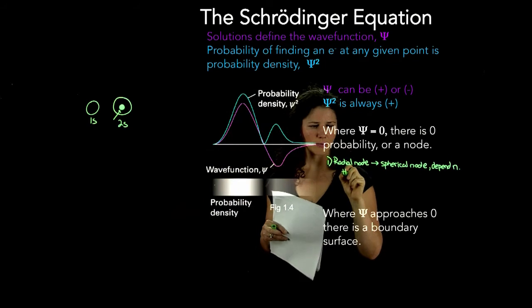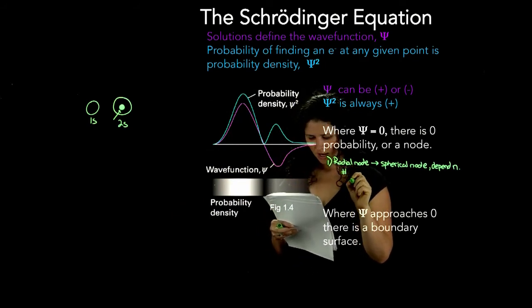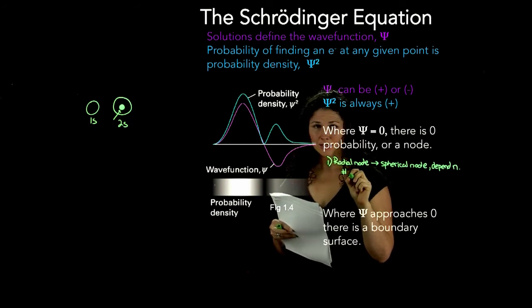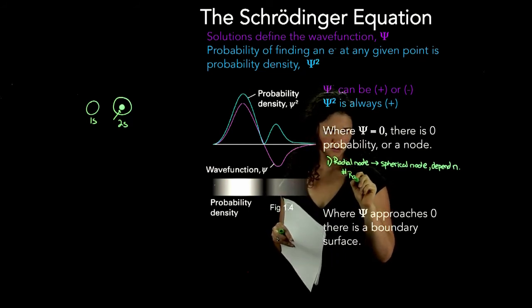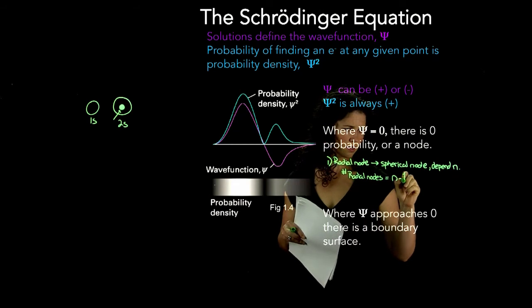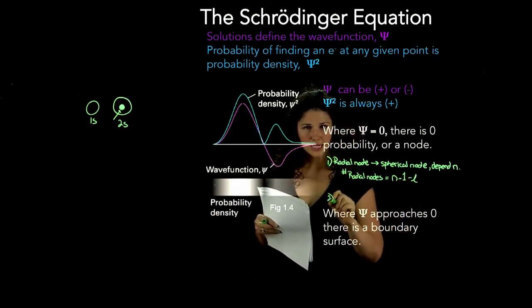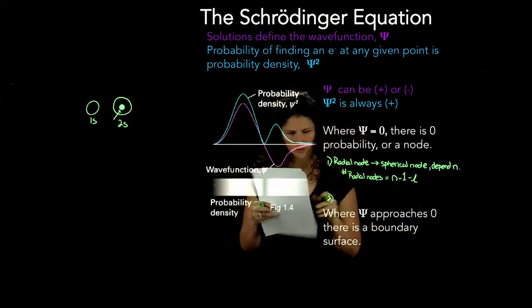You would know how many radial nodes you have because it's just the value n minus 1 minus l. So the second type of node that you can have are angular nodes.